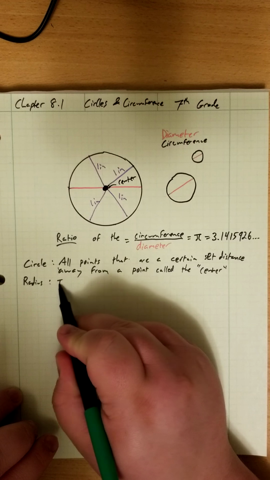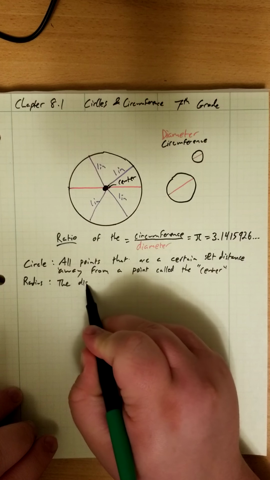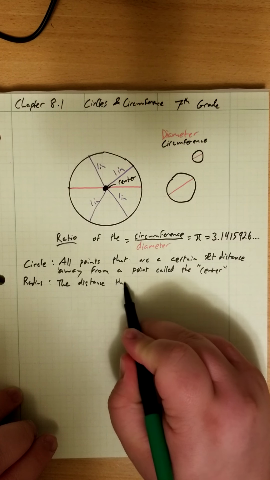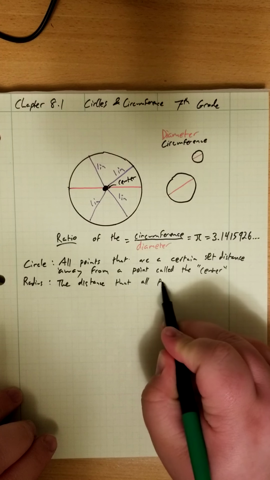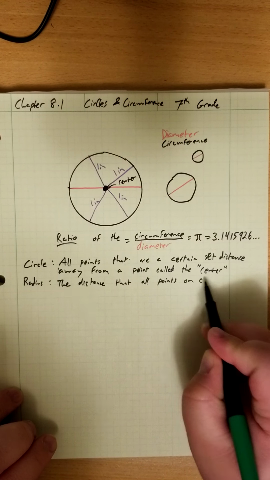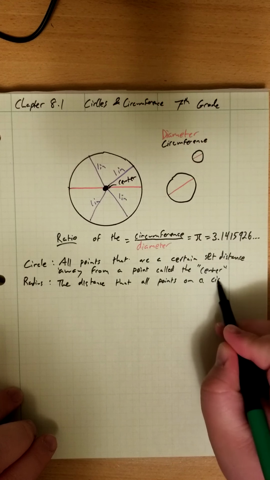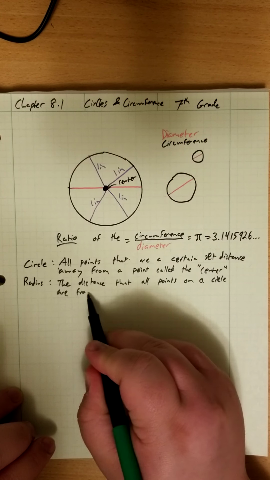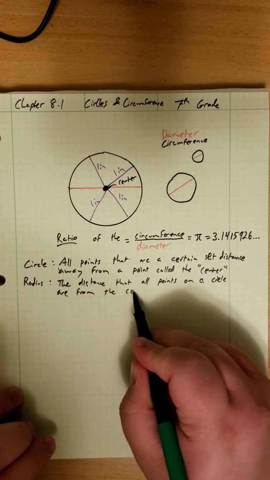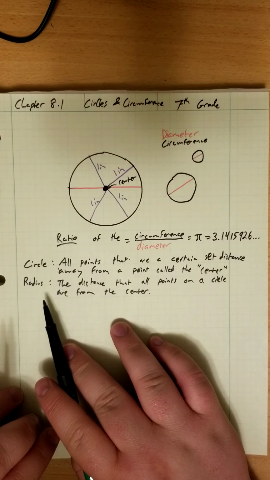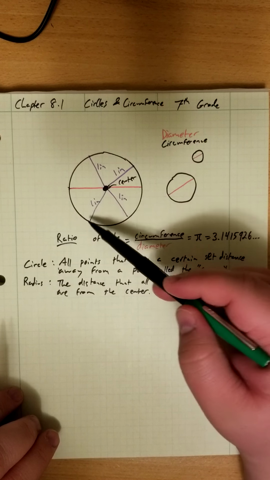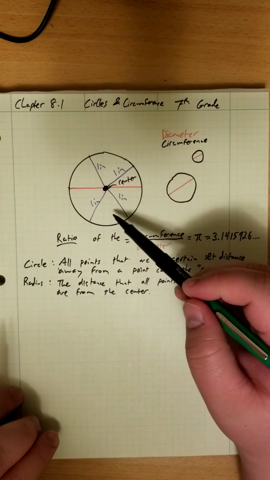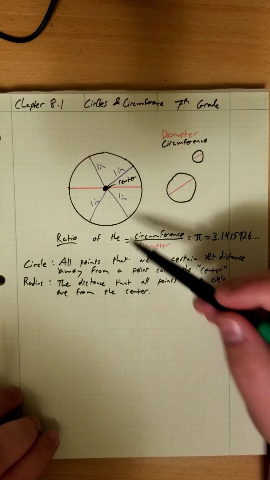The radius is the distance that all points on a circle are from the center. So the radius would be these lavender lines here, these 1 inches. The radius for this circle up here is 1 inch, assuming that that is 1 inch. That was just a guess on my part.